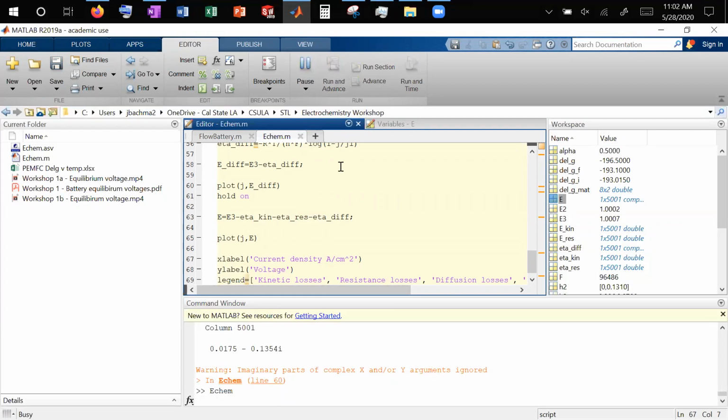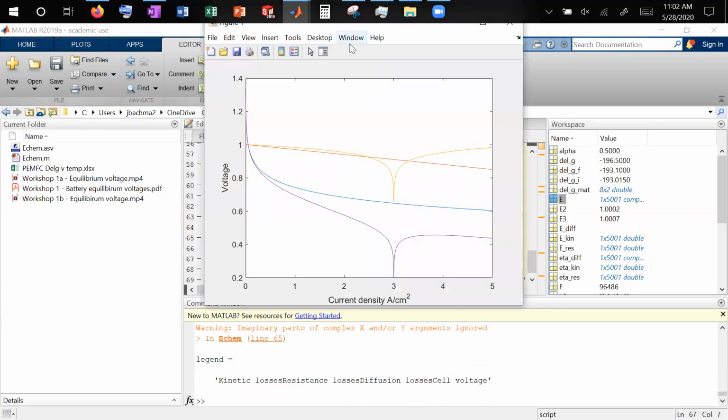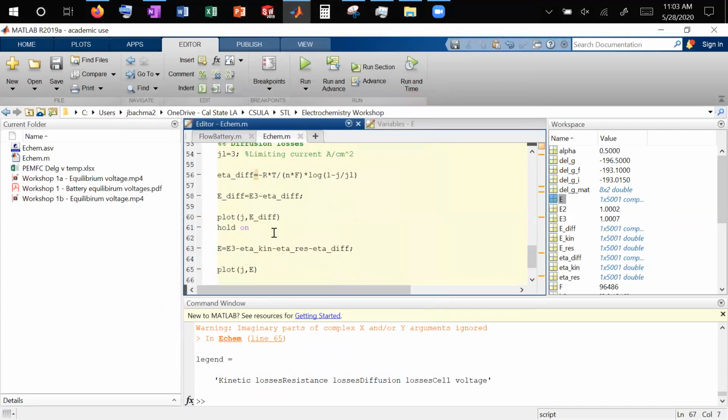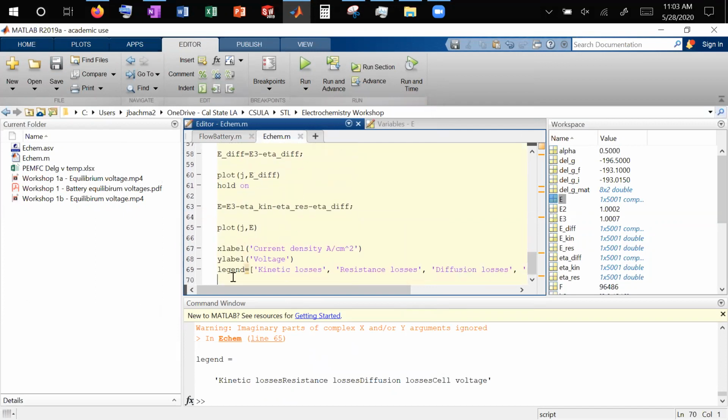All right, let's find all my errors. What do I have to do? I have to do legend on or something.